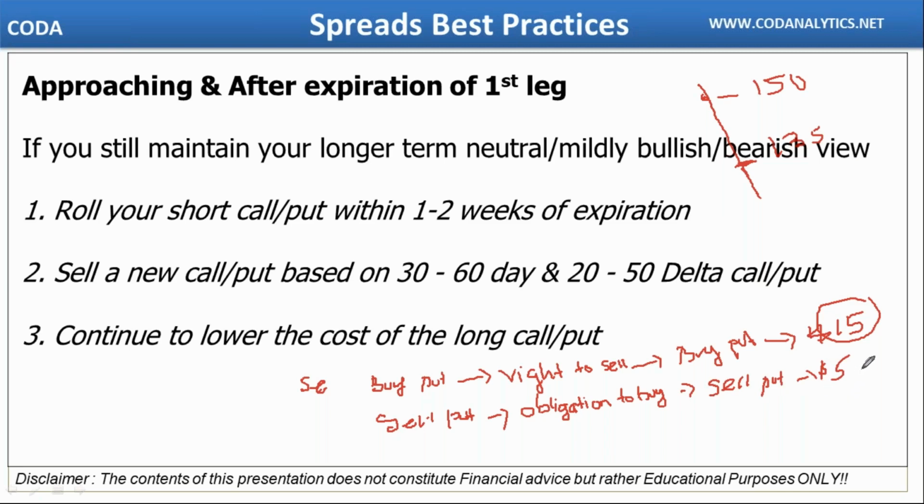So in this event, it's going to reduce my cost from $15 to $10. What it means is that for this long-term put option that I've bought, the price now only needs to move to 140 for me to start making a profit.